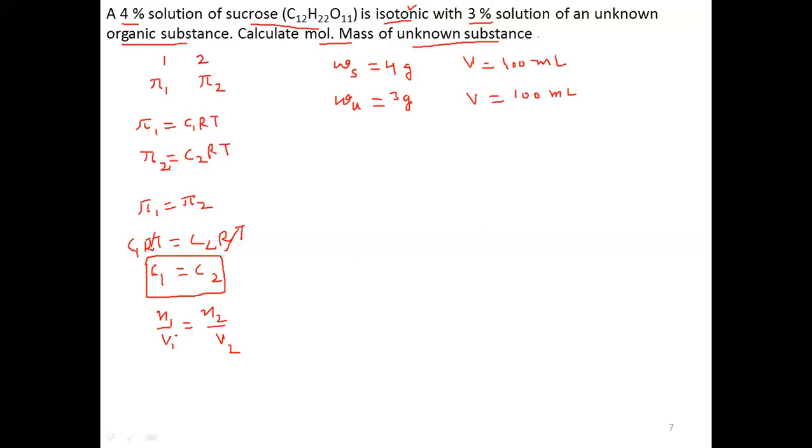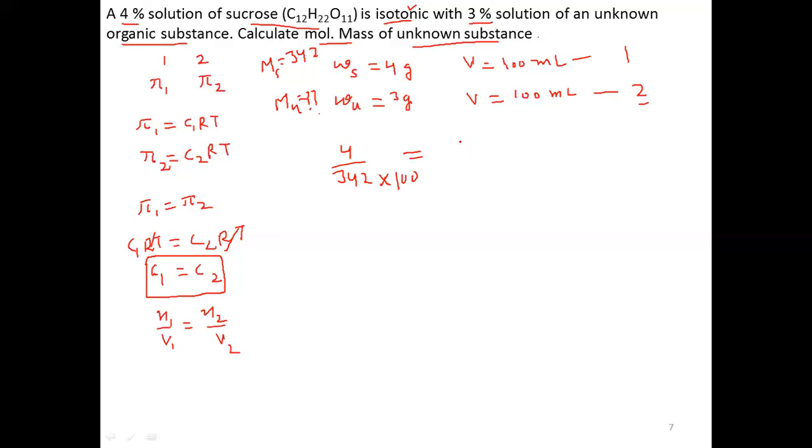Now if we put the values, the molecular mass of sucrose, MS, is equal to 342. The molecular mass of the unknown we have to calculate. That is the question mark. Now suppose sucrose is solution 1 and unknown is solution 2. Putting the values, N1 is weight 4 divided by molecular weight 342, and volume is 100. If the volume is the same, it will get cancelled.